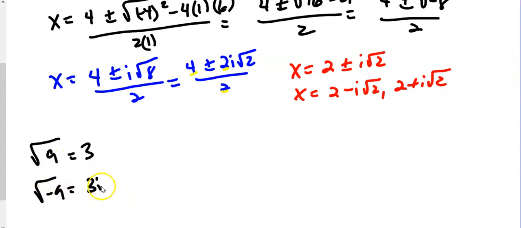So i will go in front of radicals but behind integers. So if it was the square root of negative 5, that can't be simplified, so it's just i square root of 5. In front of radicals, behind integers.